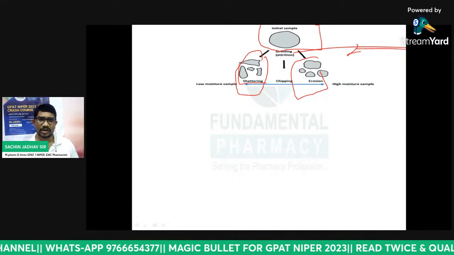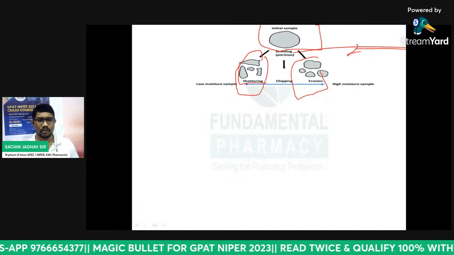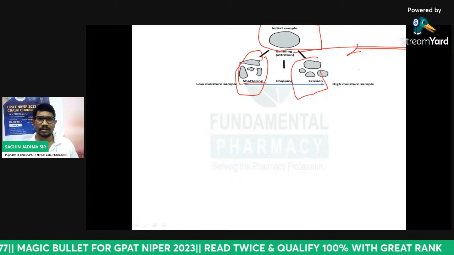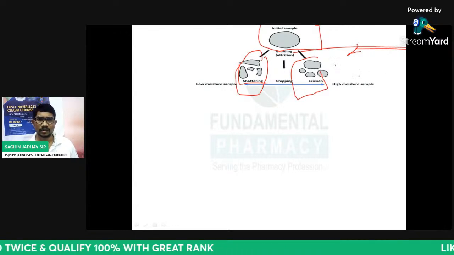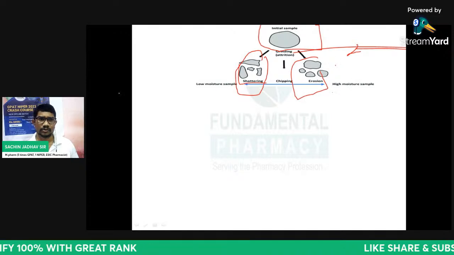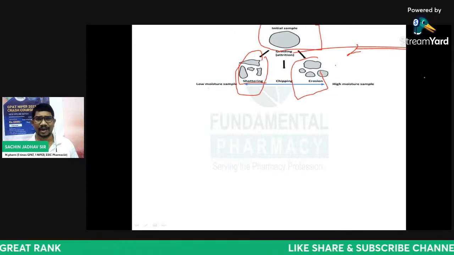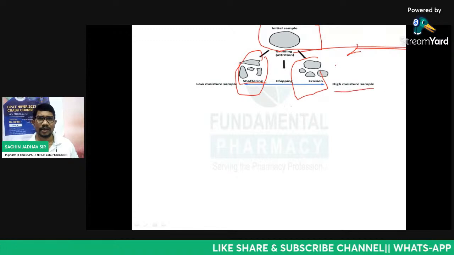If you don't have moisture content in the original sample, you get shattering; low moisture content gives shattering and high moisture content gives erosion.